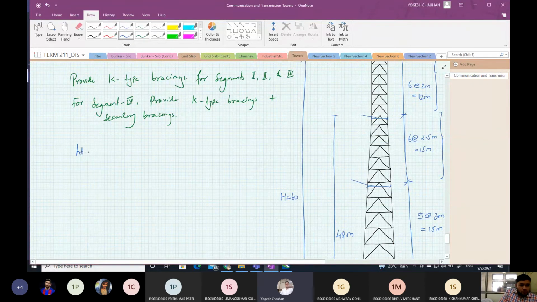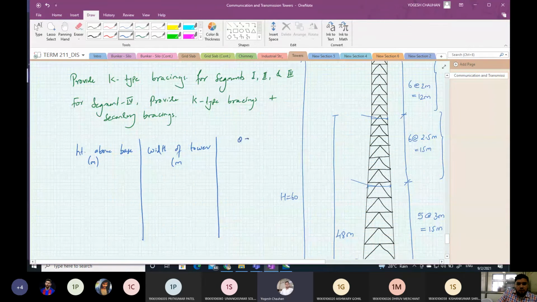Let us say this is height above base in meter, and correspondingly we find the width of the tower in meter.